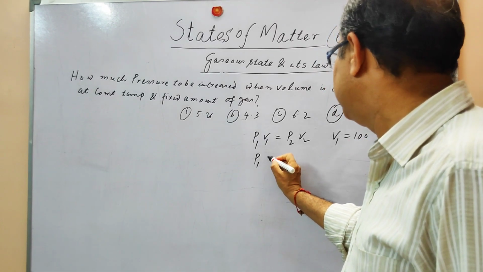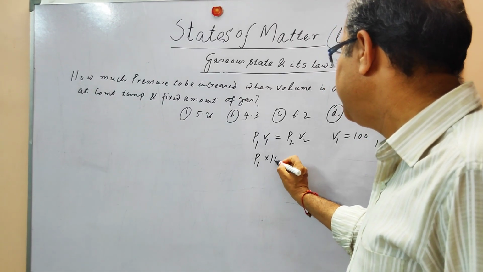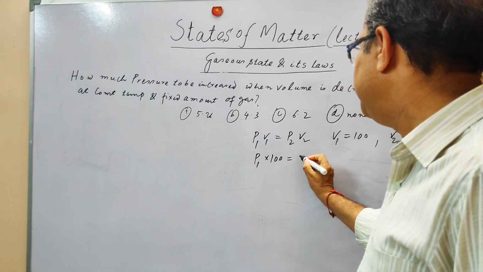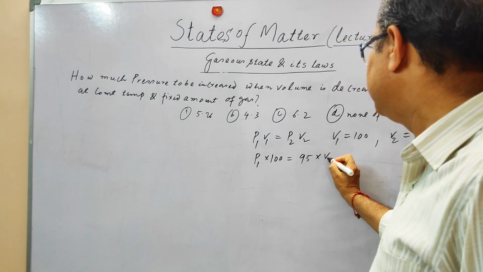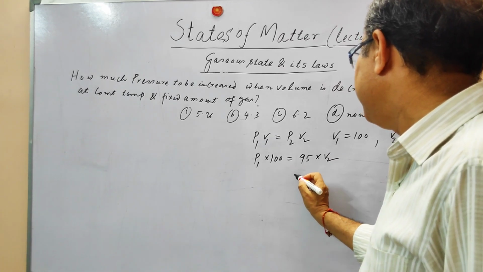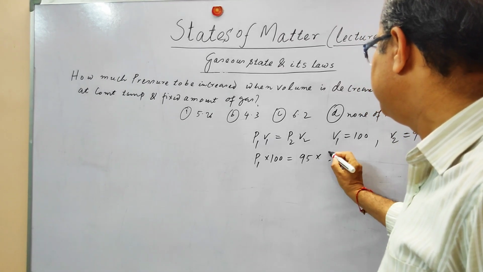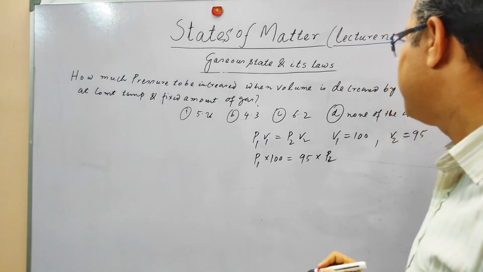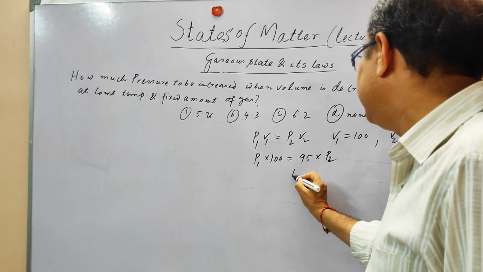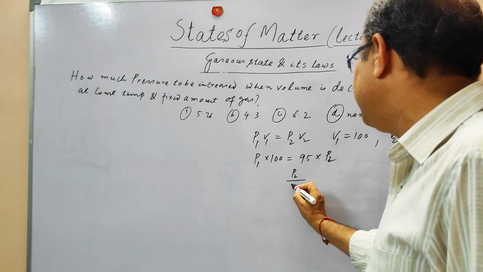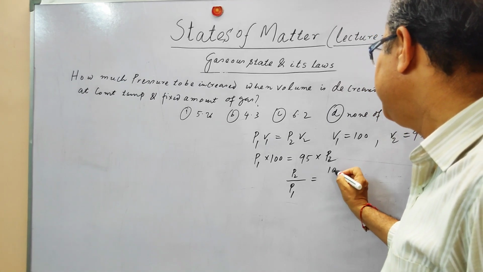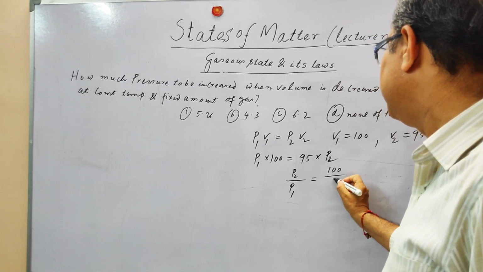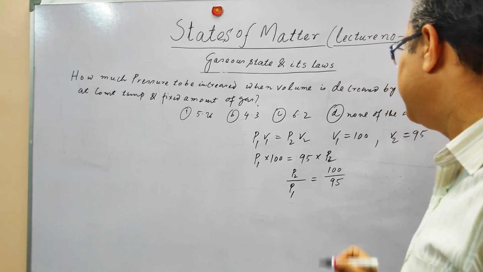So P1 times 100 equals P2 times 95. Now P2 by P1 will be given by 100 by 95.